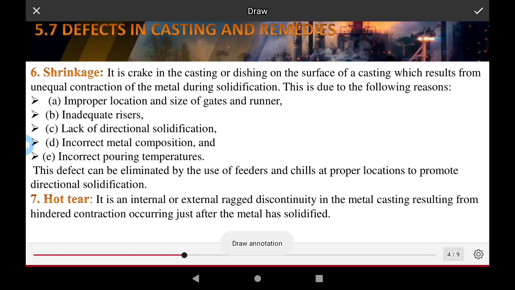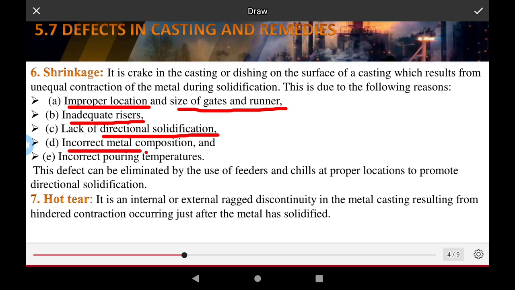Shrinkage is a crack in the casting, or a depression on the surface of the casting, that results from unequal contraction of the metal during solidification. It is due to the following reasons: improper location and size of gate and runner, inadequate riser, lack of directional solidification, incorrect metal composition, and incorrect pouring temperature. The defect can be eliminated by use of chills and proper location of risers to promote directional solidification.